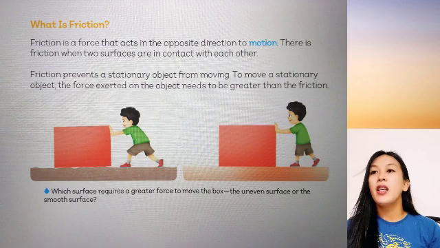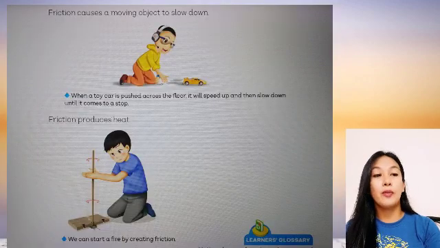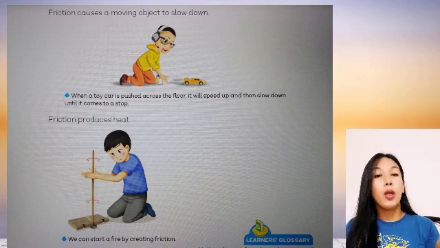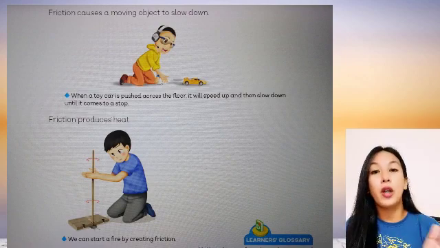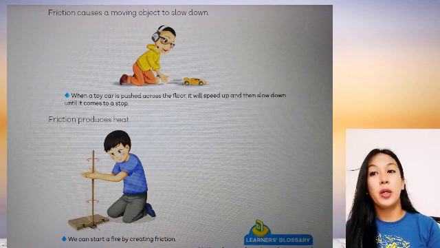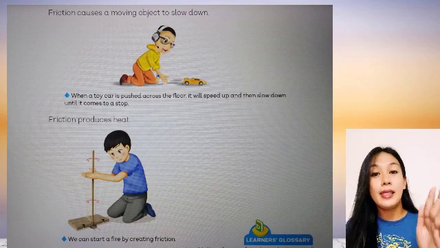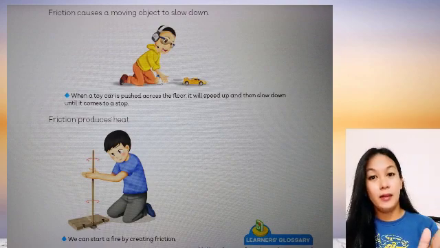Okay, so next, friction causes a moving object to slow down. When you roll a ball, or when you push your toy car across the floor, it will speed up, go into high speed, and then slow down until it stops.